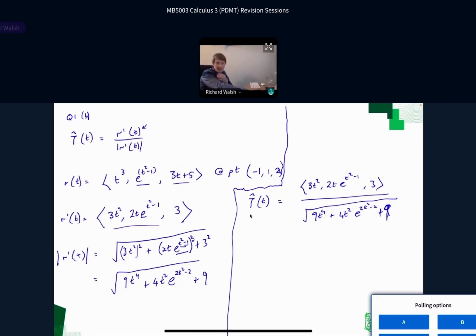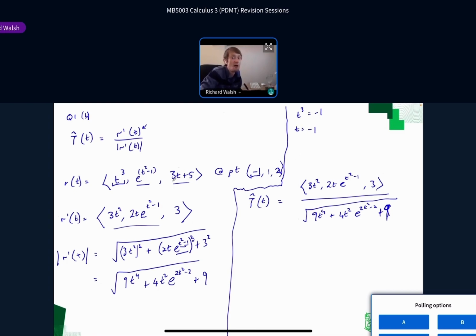So let's see. Well, if this is the x of r of t, remember it goes x, y, z, that has to equal -1. T cubed has to equal -1 in the parameterization. So solve that for t.